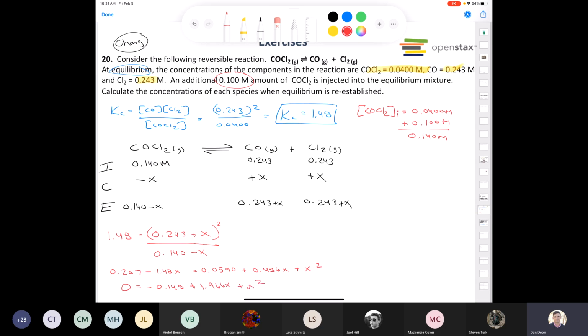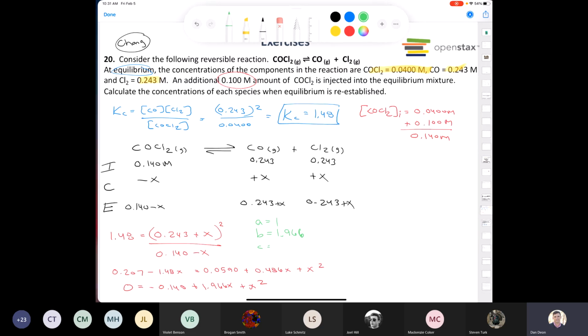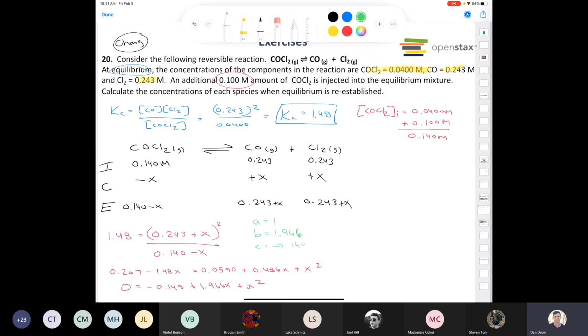So for that polynomial function, your a in this case is 1, it's 1x squared. Your b is equal to 1.966, and your c is equal to negative 0.148. So you would plug all that into your calculator.